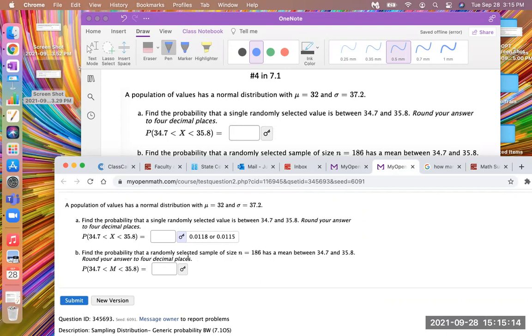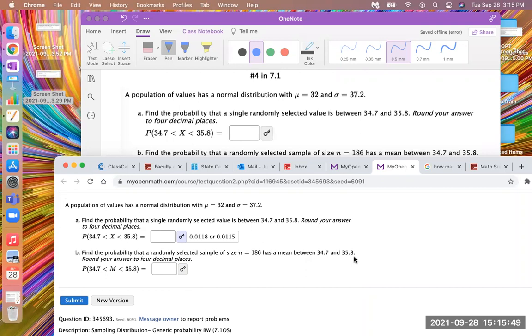has a mean between 34.7 and 35.8. Find the probability that a randomly selected sample of size 186 has a mean between 34.7 and 35.8.